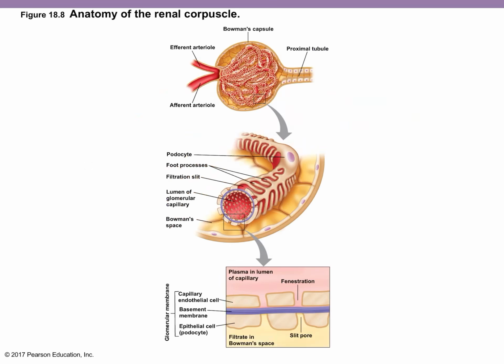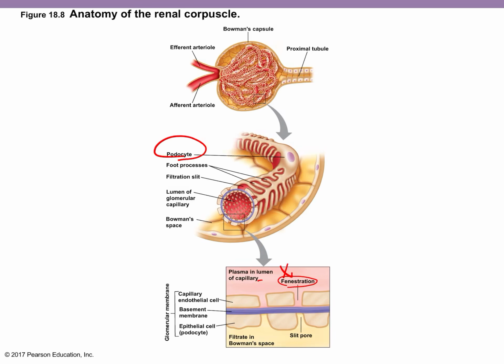Not everything is filtered because some items are too big to move through the filtration membrane. Let's look at the filtration membrane for just a quick second. Remember that the glomerulus is covered by podocytes, and podocytes are going to limit what leaves the glomerulus. You're also going to have these barriers. If you are a very small molecule inside the plasma, the fenestrations of the capillary itself are a barrier. They're quite big, but they're going to limit very large proteins from coming out.